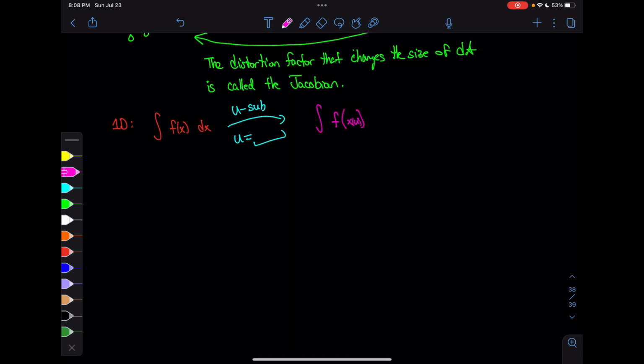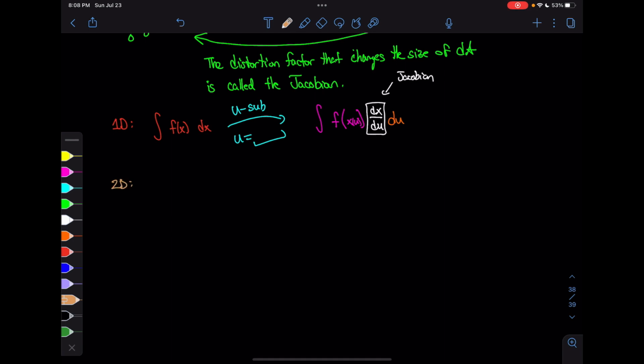This was a function now in terms of u. And what happened? Well, we had a du. The dx became du, but there was this extra little dx du bit. This right here was part of the Jacobian all the way from calculus 2. This used to be the Jacobian, and in one dimension, it's very simple to come up with.